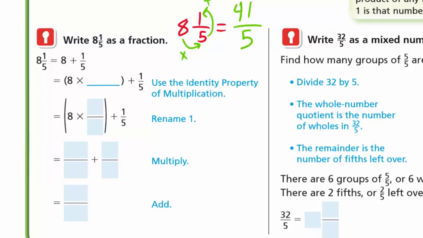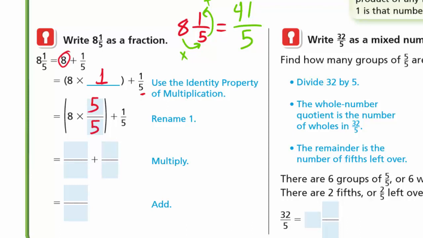And let's see how he did it here. He did it by a longer way. Let's see it. 8 and 1/5 is the same as 8 plus 1/5. and he kept the 1/5 for now, and the 8 he made it 8 multiply 1. We know that 8 multiply 1 equals 8, and instead of 1 we can make it 5/5.